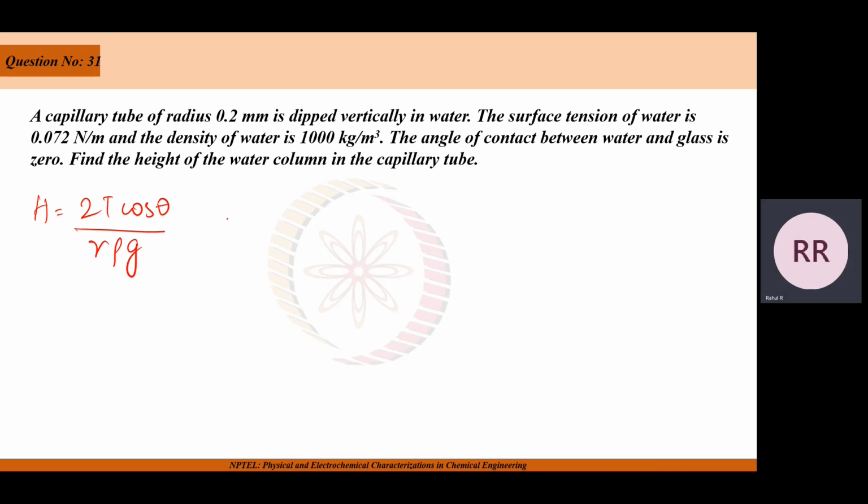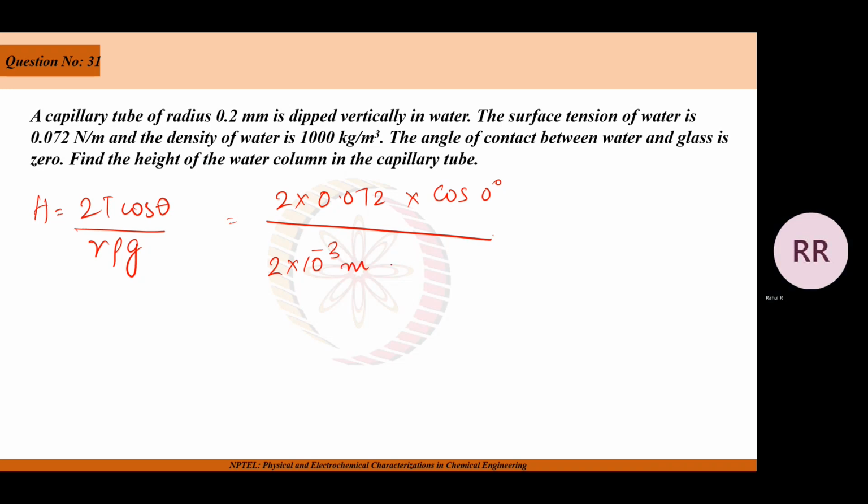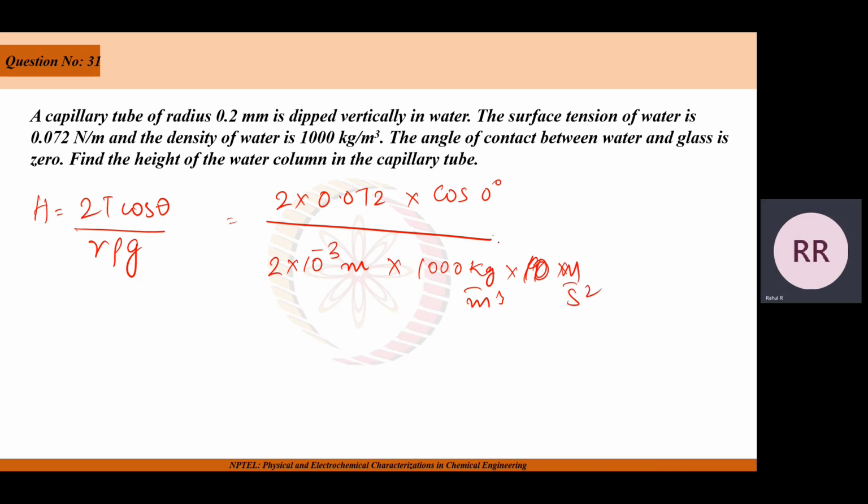All the parameters are given. T is the surface tension, 0.072. Cos theta is cos 0 degree, divided by R, given as 0.2 millimeter, that is 2 into 10 to the power minus 4 meter, into rho, 1000 kilogram per meter cube, and g, which we take as 10 meter per second square.